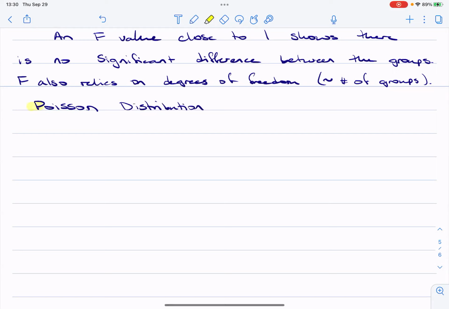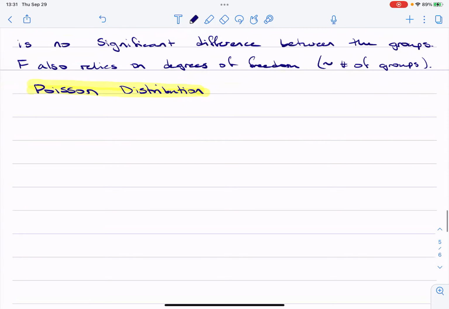The Poisson distribution. If you're dealing with counts, right, at some rate, then you're probably going to be able to map it back to a Poisson distribution. There's a couple of other ones, but usually you can kind of morph it into a Poisson situation.